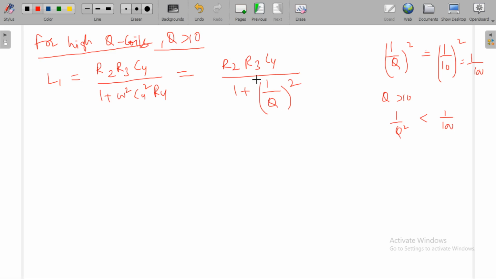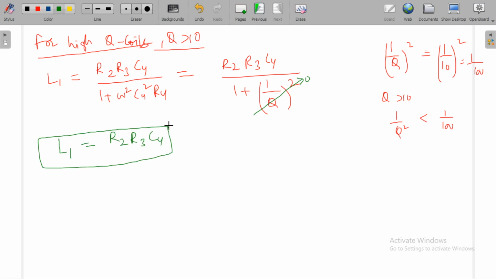So this can be neglected. If you neglect that, then L1 is equal to R2 R3 C4.